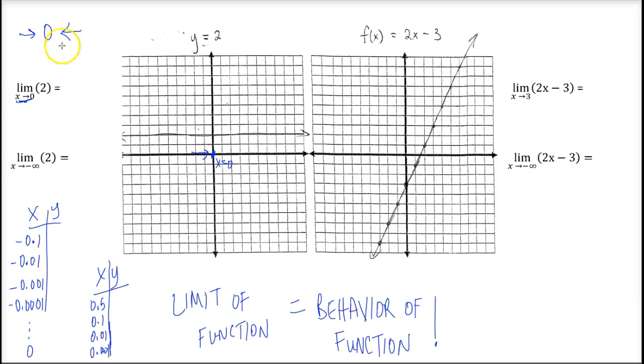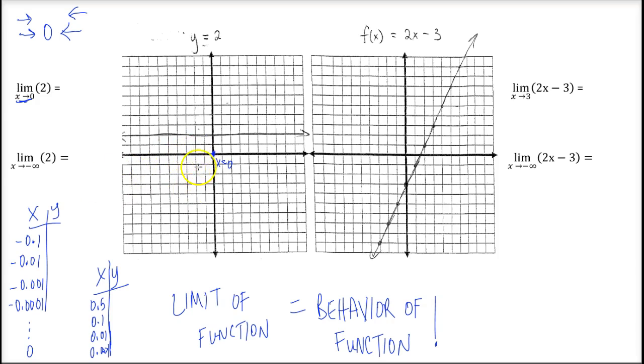So when we say as x approaches 0 from both the left and the right, we mean looking at x values as we get closer and closer to it: from the left, negative 0.1, negative 0.01, negative 0.001, and from the right, getting less positive until we get to 0. And so this question says, when my x values get closer and closer to 0 from both the left and the right side, what are my y values doing?